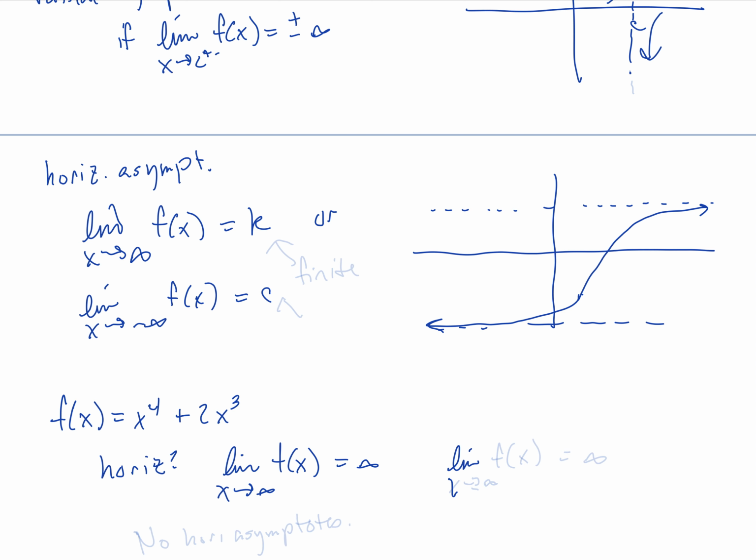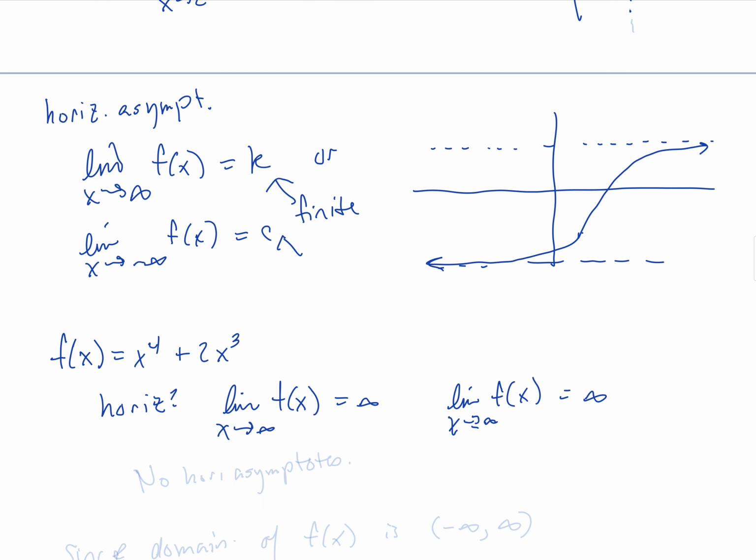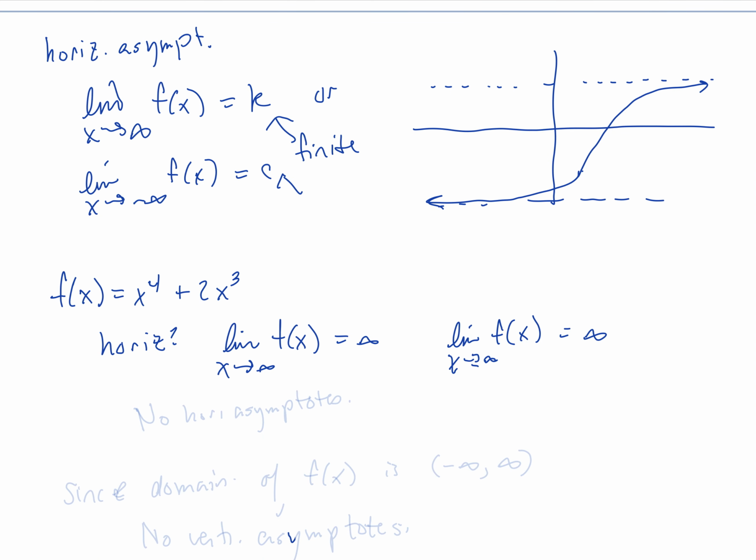And the limit as x goes to negative infinity is also going to be positive infinity, because we've got x to the fourth positive value overtaking that negative value. So there's only a horizontal asymptote if as x approaches positive or negative infinity, the output of the function approaches a finite number, so no horizontal asymptote.